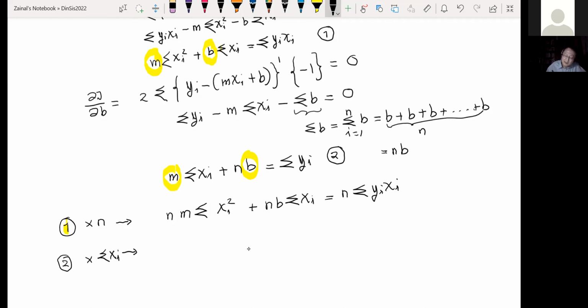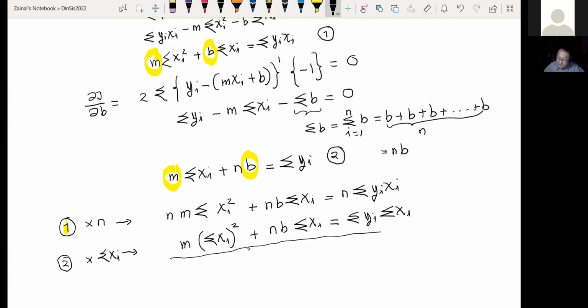If you multiply this with sigma xi, what you have is m multiplied by sigma xi multiplied by sigma xi, plus n multiplied by b multiplied by sigma xi is equal to sigma yi sigma xi.